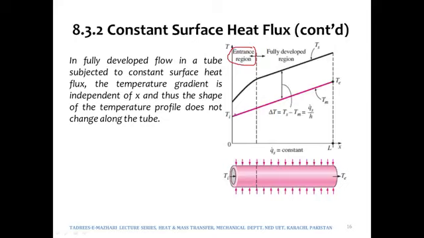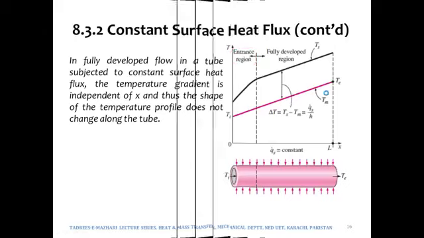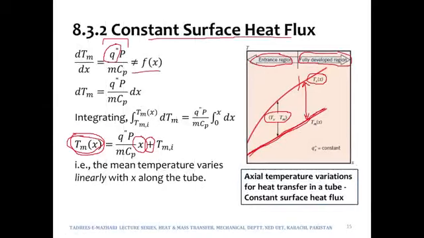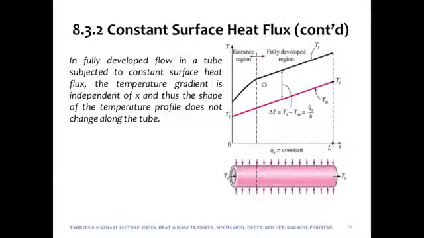And this is the curve for Tm, which is the same diagram that we were looking at on the previous page, but this diagram has been taken from Incropera and DeWitt, and this one has been taken from Nusselt. These diagrams are in fact the same, but over here it is very clearly shown that in the fully developed region, the difference between Ts and Tm also becomes constant.